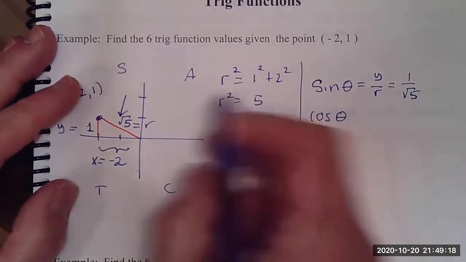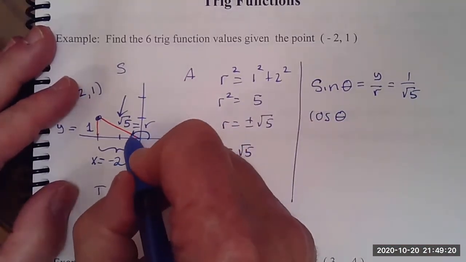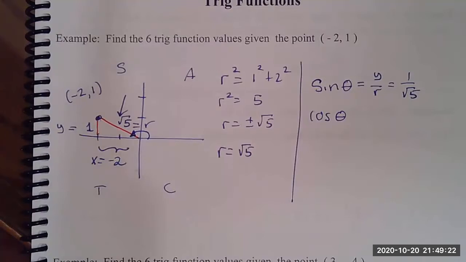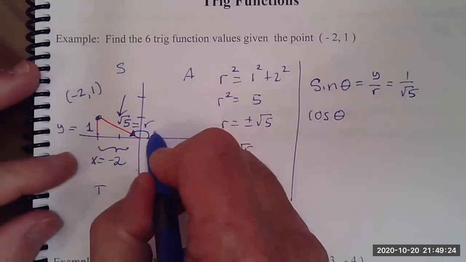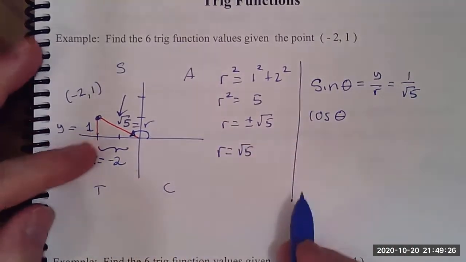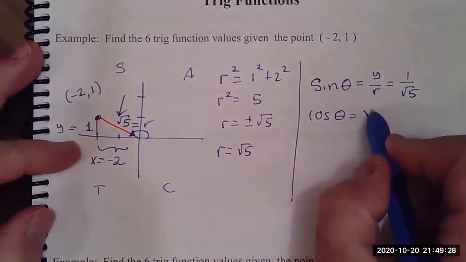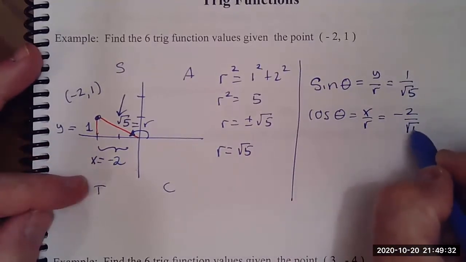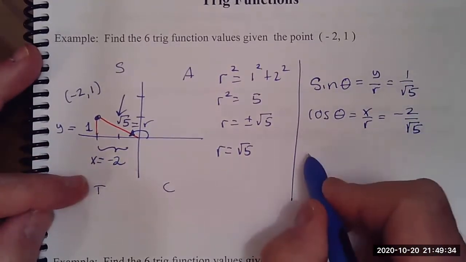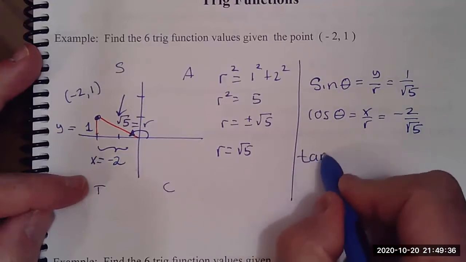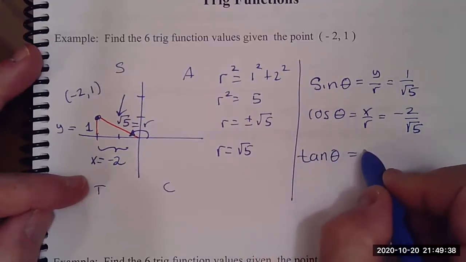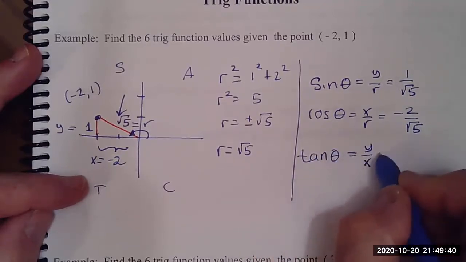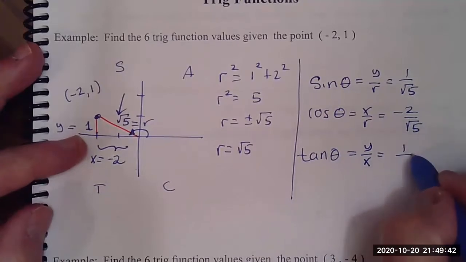Cosine of, say, some angle theta, which is an angle in standard position, equals x over r. And that's -2 over root 5. Tangent of that theta is y over x. So y is 1, x is -2.